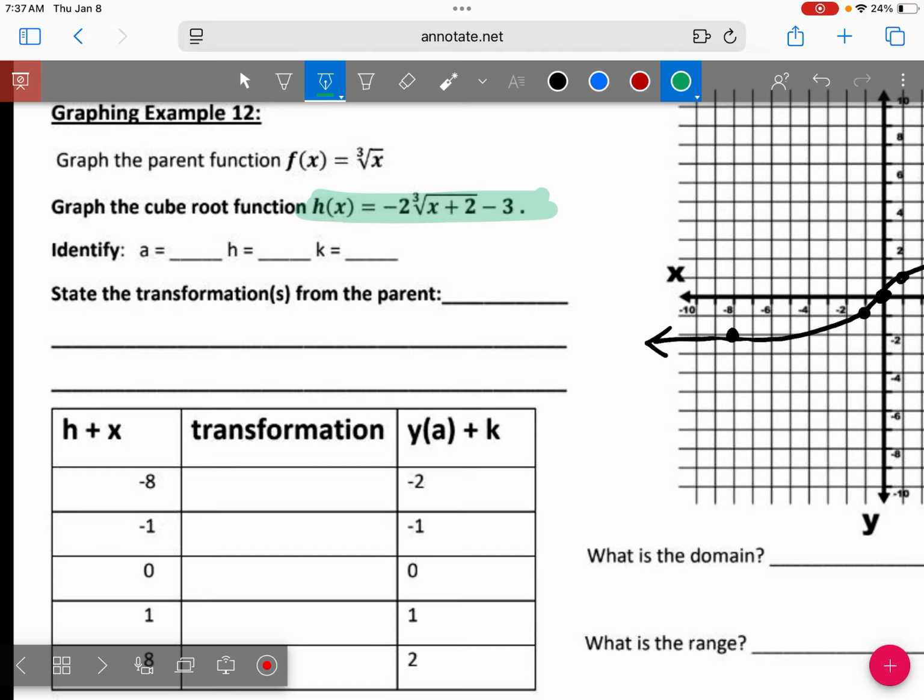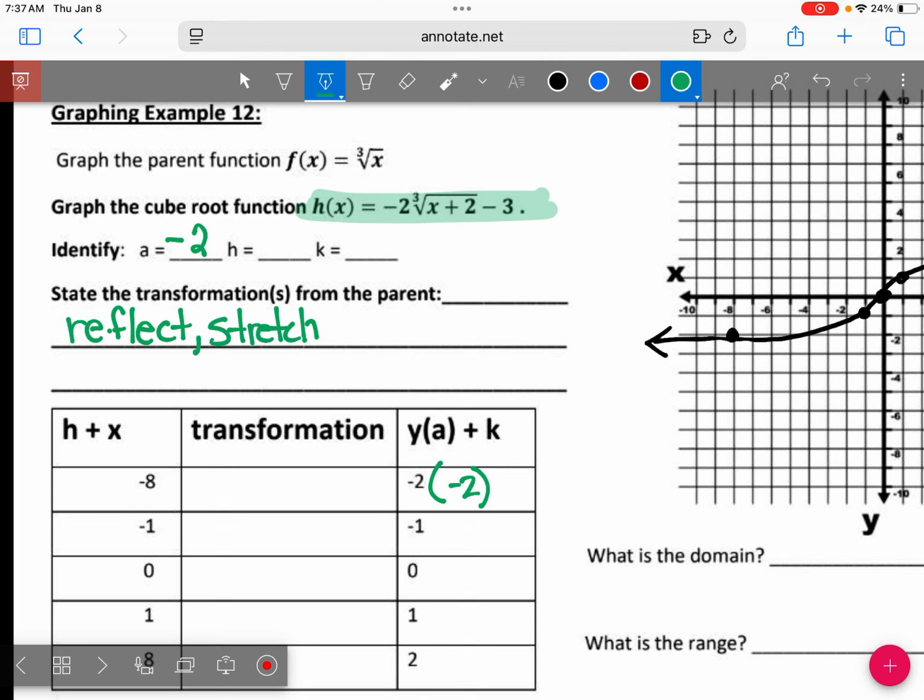So first of all, because A is -2, this one is going to reflect because of the negative, and because of the 2 is also going to stretch. So I have to multiply all these numbers by -2. And then what is H?